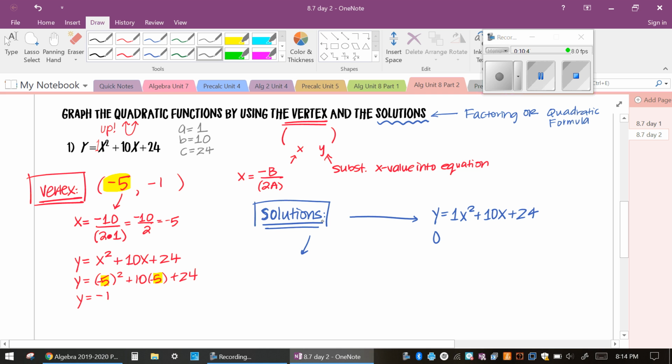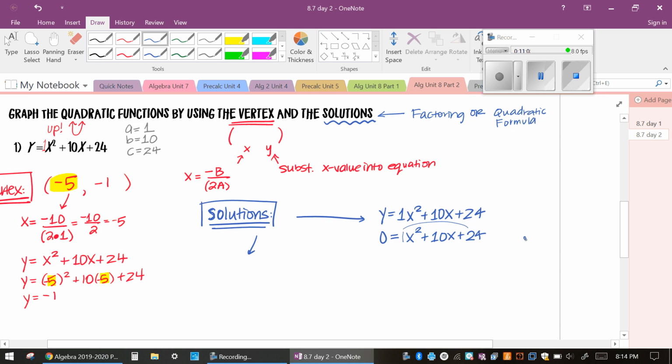Therefore, the solutions, which are essentially the x-intercepts, you're going to substitute 0 for y. And then you're going to solve by factoring or quadratic formula. I'm going to try to see if this factors. I'm going to multiply a and c and find out if I can find two numbers that multiply to 24 but add to 10.